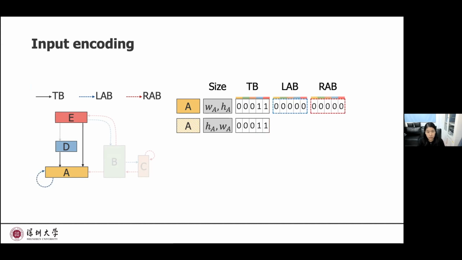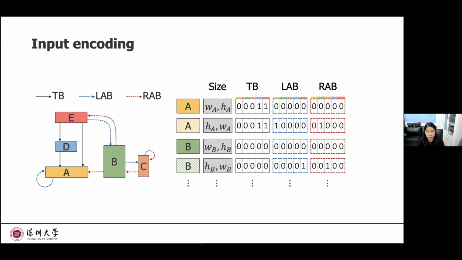For the original state, the LAB and RAB are all set as 0, since they are only used for the rotated state, whereas the corresponding positions in the LAB and RAB encoding are set as 1. Therefore, the only condition for packing any state of any box is that its precedence encodings are all 0, like box B in this case.